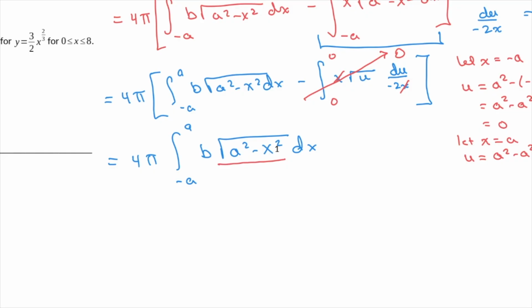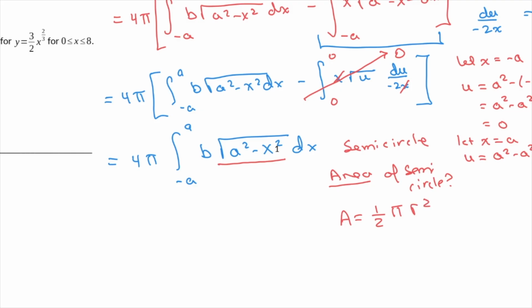That is the equation of a semicircle. An integral is asking for area. So what is the area of a semicircle? The area of the semicircle is going to be equal to 1/2 pi and then the radius squared.